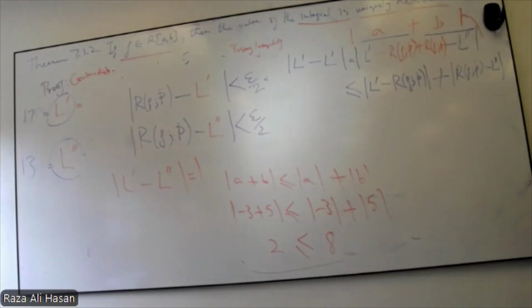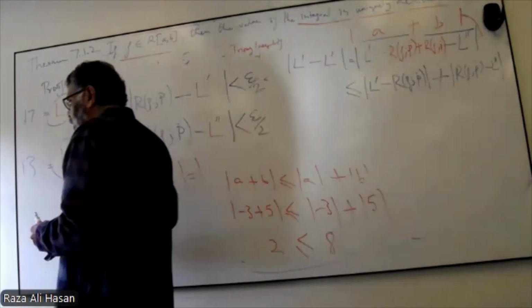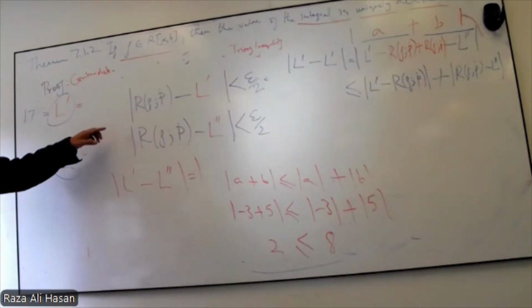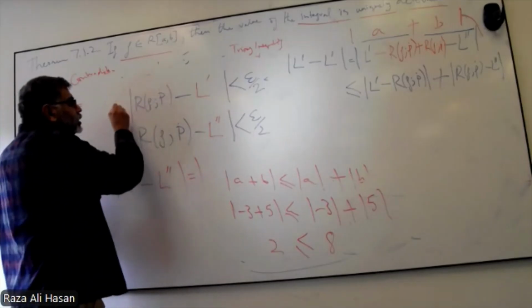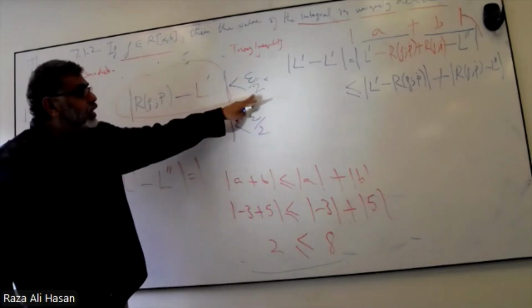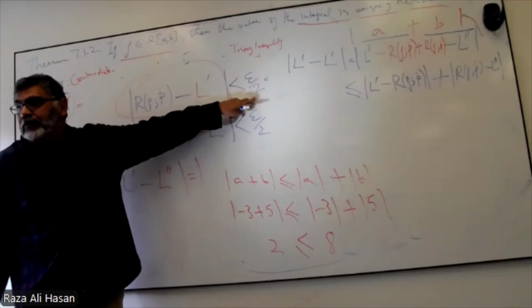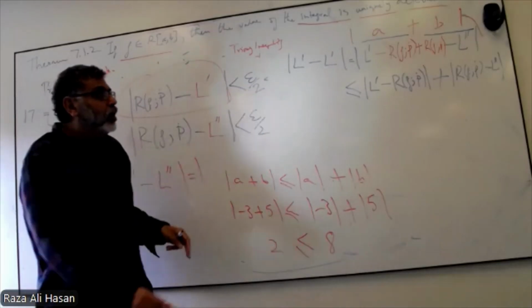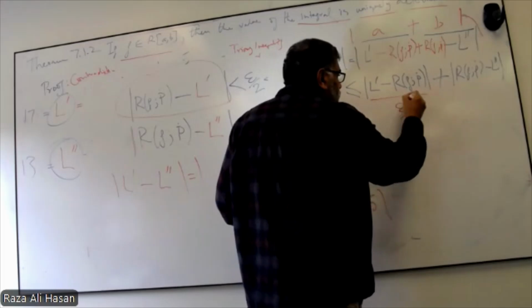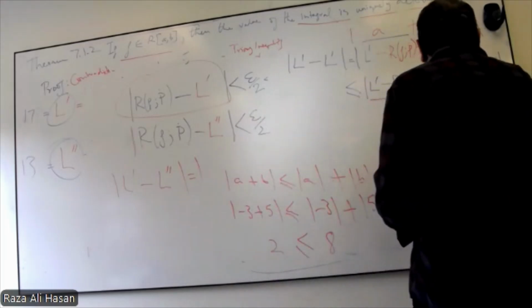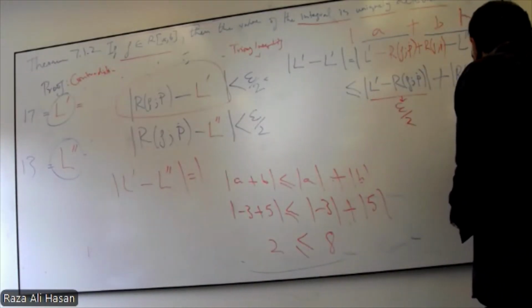Okay, very good. Now what happens? Now we can say that I know this number. This is a real number, epsilon divided by 2. So I can replace this by epsilon divided by 2 and this number by epsilon divided by 2.